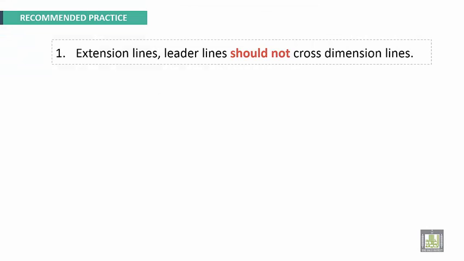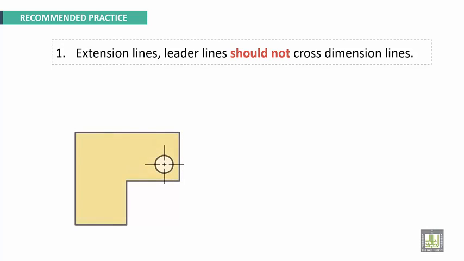Recommended practices. Extension lines and leader lines should not cross dimension lines. Here we have an example. Here we have a leader line crossing a dimension line, and here also we have an extension line crossing a dimension line.